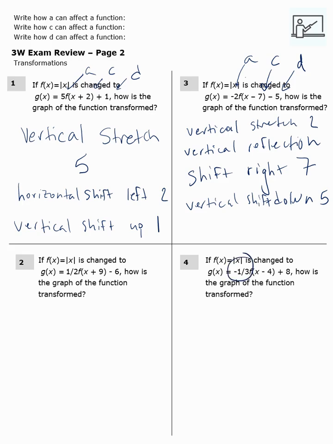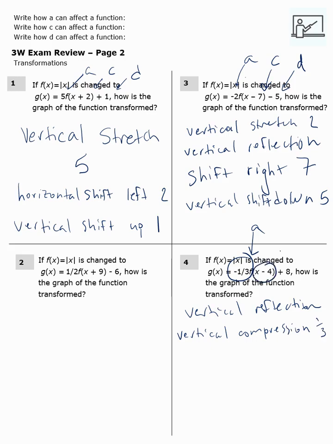Last but not least, I'm going to do this problem. Our A is negative, and that negative tells you that it has to be a vertical reflection. This 1/3 tells you, because it's a fraction, that it's going to be a vertical compression of 1/3.